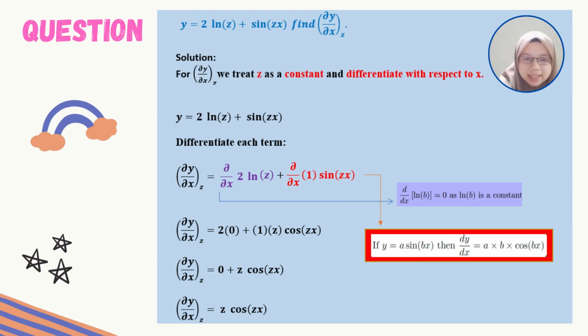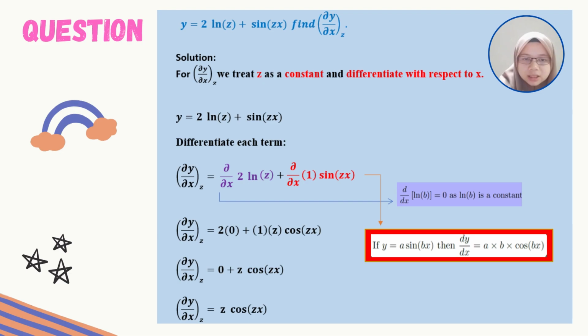dy over dx equal to d over dx of 2 ln z plus d over dx of sin zx. For the first term, you must use the formula: d over dx of ln b equals 0, as ln b is a constant.